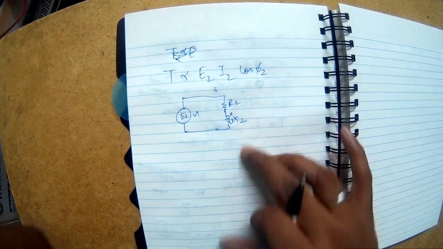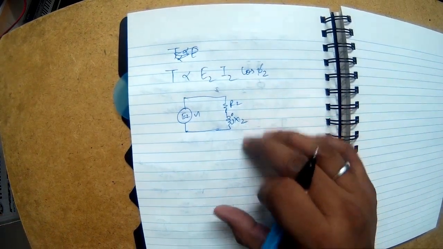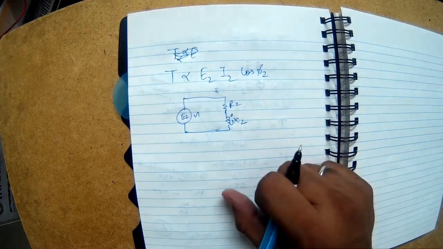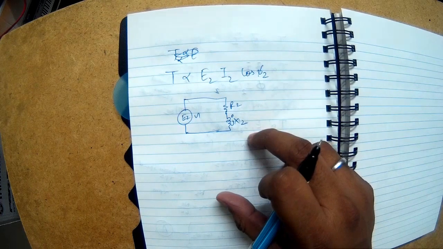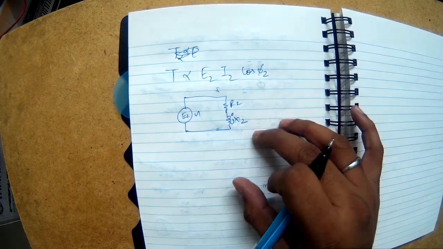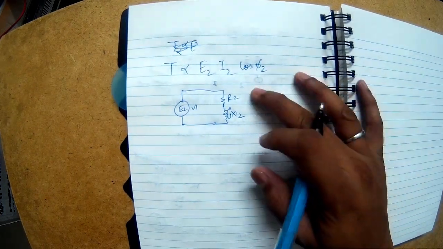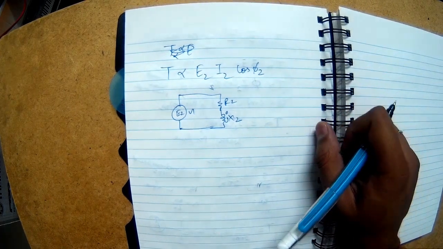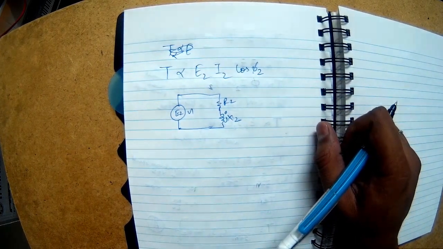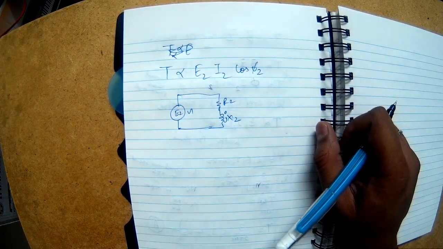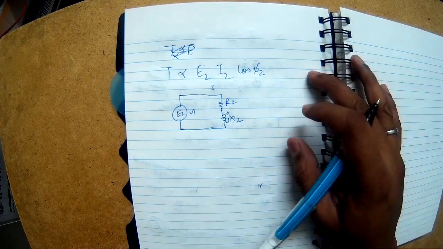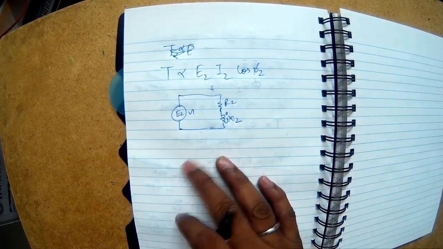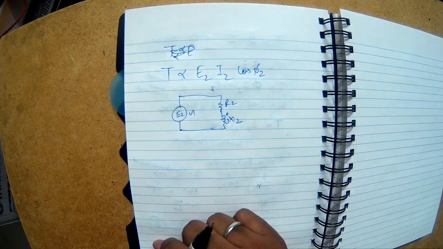Because it's a winding at the end of the day, and a winding will have inductance and resistance. Now, are these values fixed for a given machine? Yes. If you are using a squirrel cage induction motor, R2 and X2 are fixed. Whereas with a wound rotor or slip ring induction motor, you can introduce external resistance. We will come to it. For the time being, because we are discussing a squirrel cage induction motor, R2 and X2 are fixed.